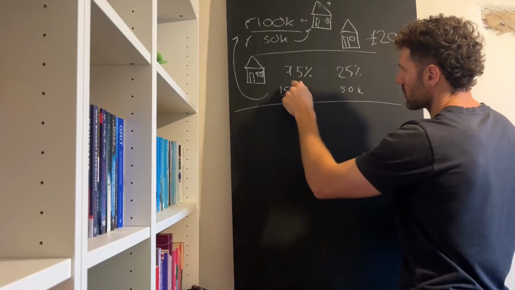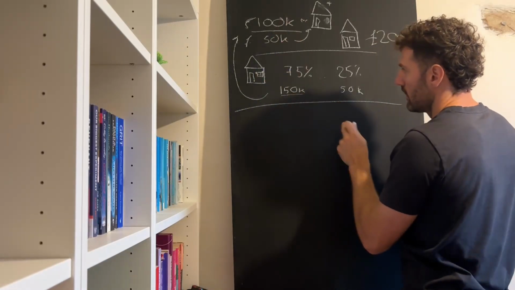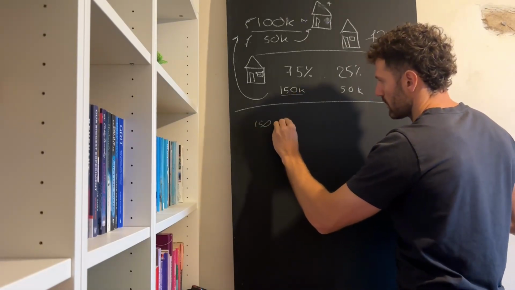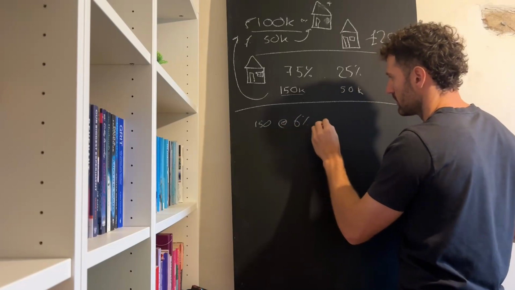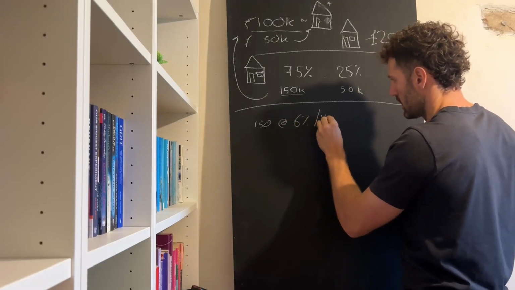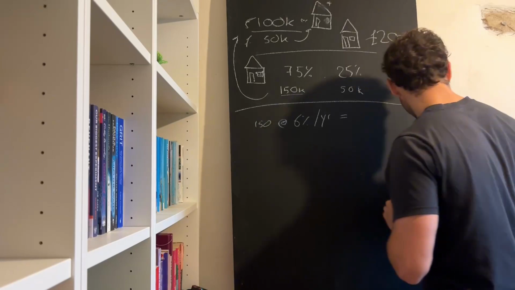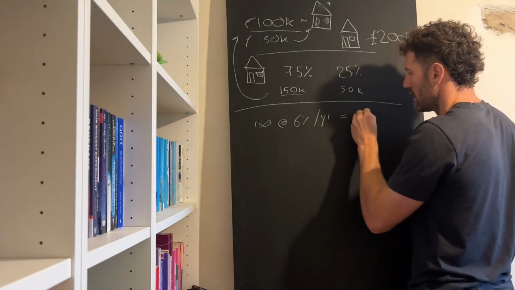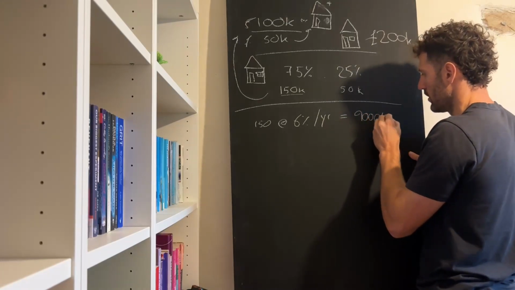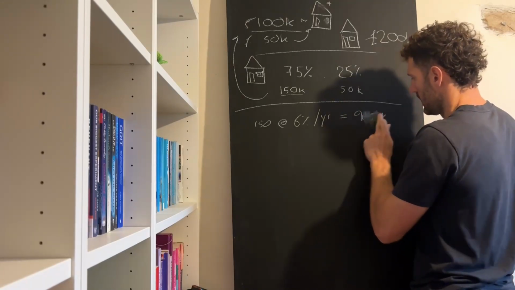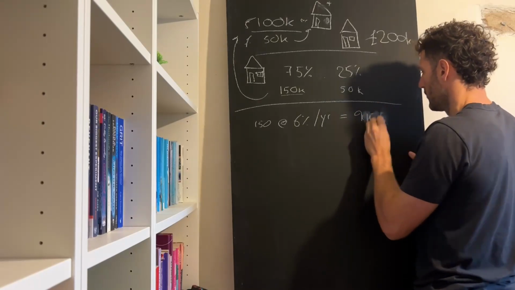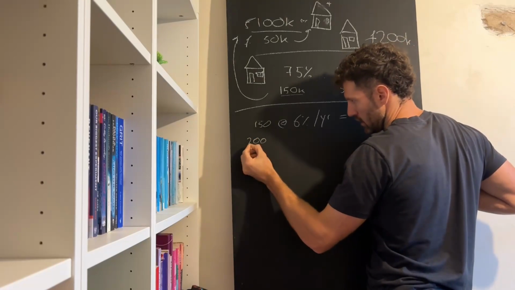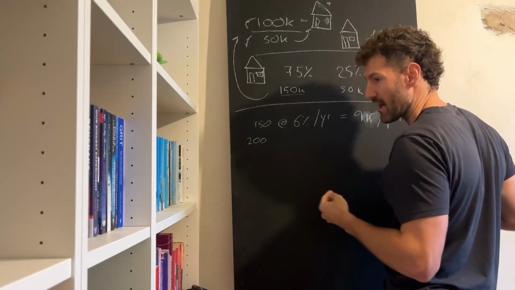So let's look at the numbers on this little 100k house with a 150k mortgage. You have a 150k mortgage, and that's going to cost you somewhere in the region of 6% per year, which, if anybody can do the maths for me, is going to cost you around 9k per year to the bank. The asset itself, 200k, you should get a minimum of 10%.